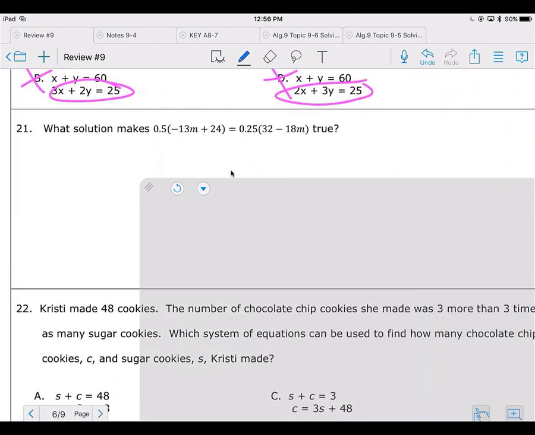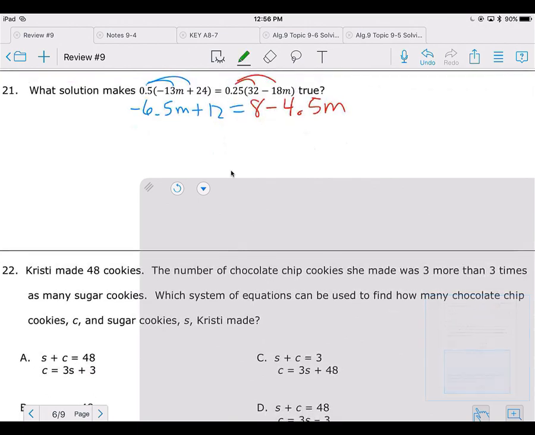21 is asking us to solve for m. What solution makes that true? So when we distribute, we get negative 6.5m plus 12. And then we distribute over here to get 8 minus 4.5m. From here, I'm going to move the 6.5m to the other side. Remember, I only put m's and m's together, numbers and numbers together.